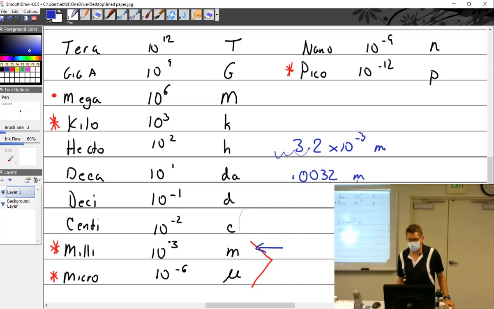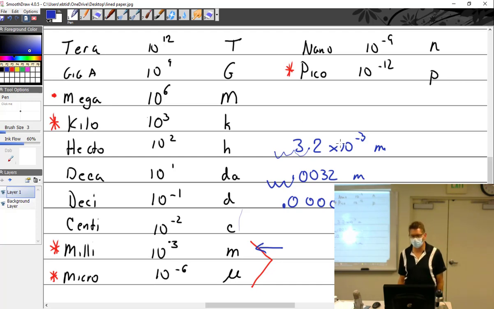Millis is 10 to the negative 3, so 3.2 times 10 to the third millis is 0.0032. Hopefully I didn't confuse you.